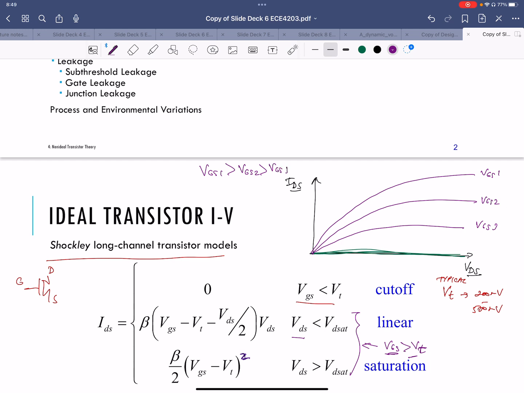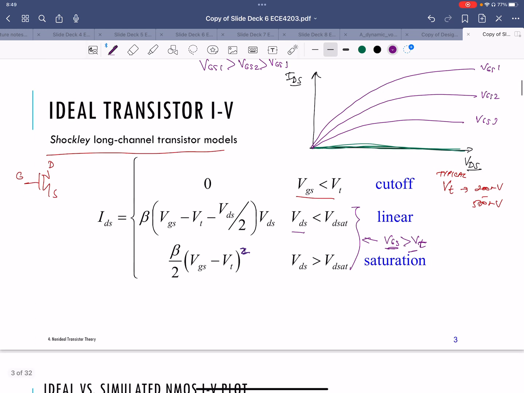When the gate source voltage goes up, you get linear performance before VD goes to some voltage VD sat, which is defined as VGS minus VT.